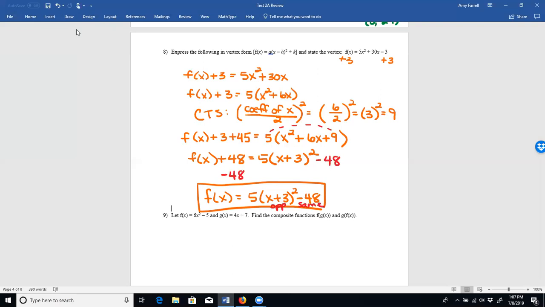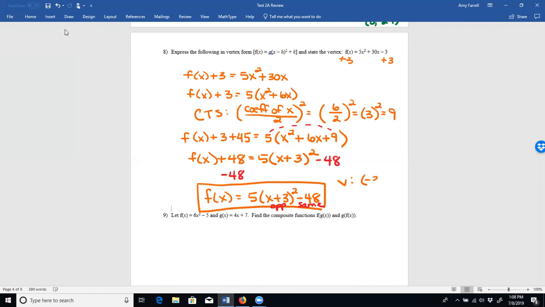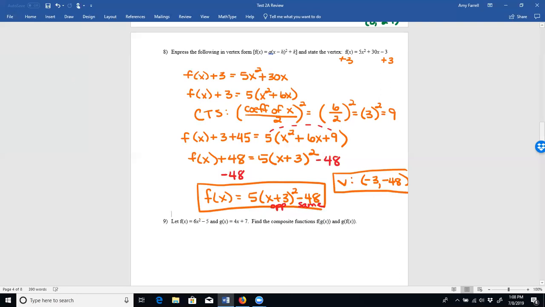It has to do with how vertex form is written. Inside the parentheses, we have x minus h. So our vertex for this problem would be (-3, -48). So that is the vertex.